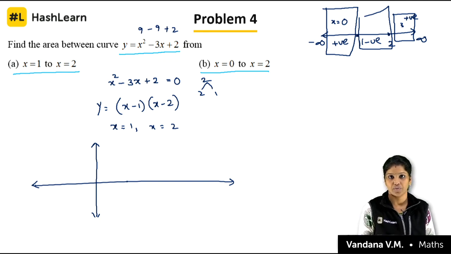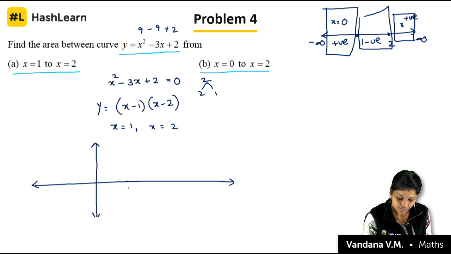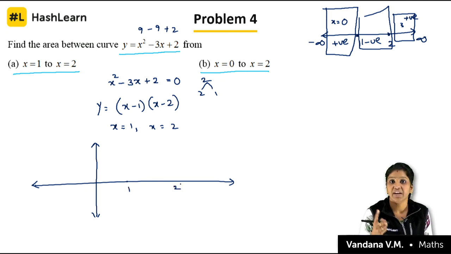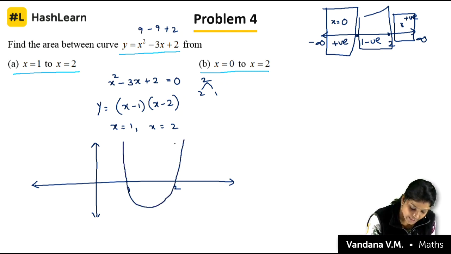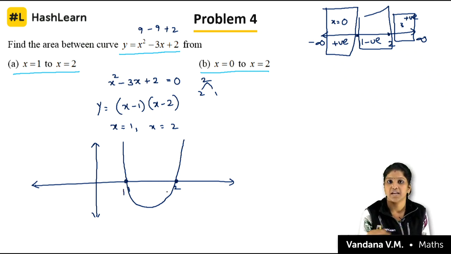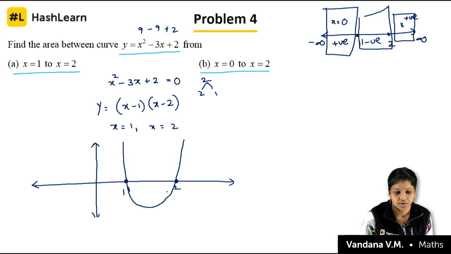You know how to do this. I taught you how to find the nature of the graph, children. Now listen. So between 1 and 2, I am getting the negative value, means my graph is like this. Only in that particular place, this upward parabola we know, because the a value is greater than 0, we know how to do this.